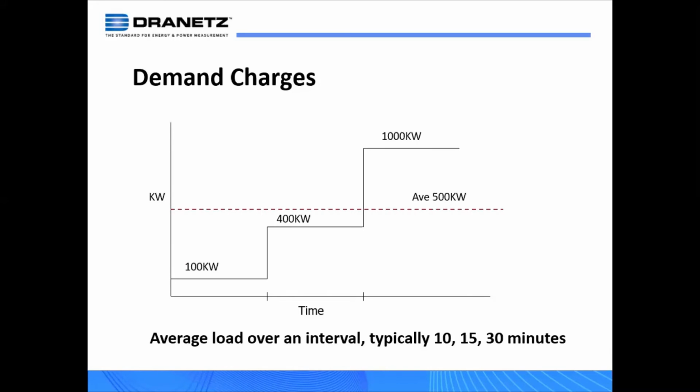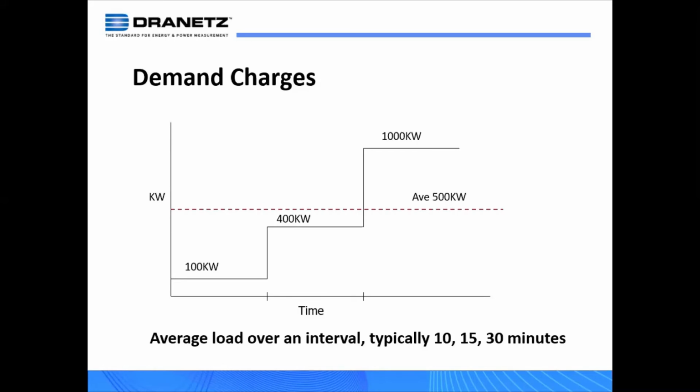if we look at this chart, we see for the first 5 minutes, our active power is 100 kW. Then for the next 5 minutes, the active power is at 400 kW. Then it goes to 1,000 kW. Well, if you take the average over a 15-minute period, it comes out to be 500 kW.